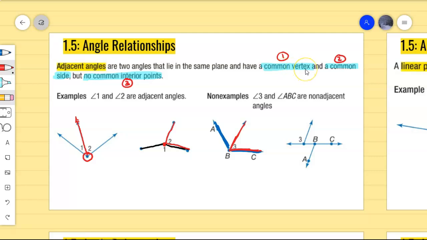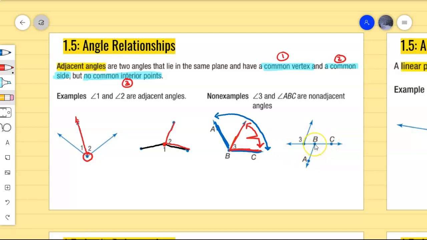That seems to be working out for us. Yes, they share a common side. Notice how BC is a common side shared between both angles. But what's not true here is that they don't have any common interior points. The problem is they do have common interior points. Notice that ABC opens up into this entire section of the page, and angle 3 is overlapping it. Angle 3 is also opening up into a similar section. That's the problem. You can't have that. Therefore, they're not adjacent angles.